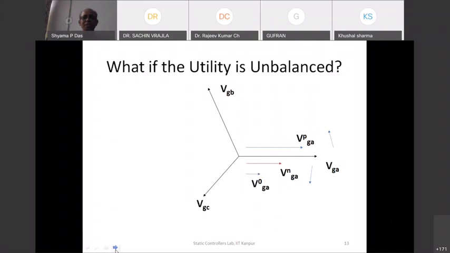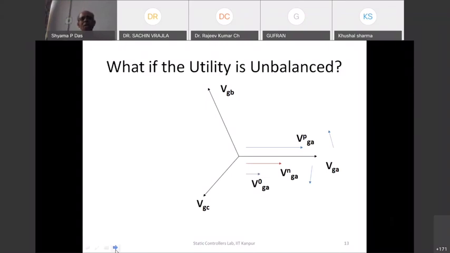VGA, VGB, VGC are not equal in magnitude. The phase angle also may not be 120 and so on. So when the grid is unbalanced, we can split an unbalanced grid into a positive sequence component, which is VGA superscript P for phase A, and a negative sequence component for phase A, VGA superscript N, and then also a zero sequence component.